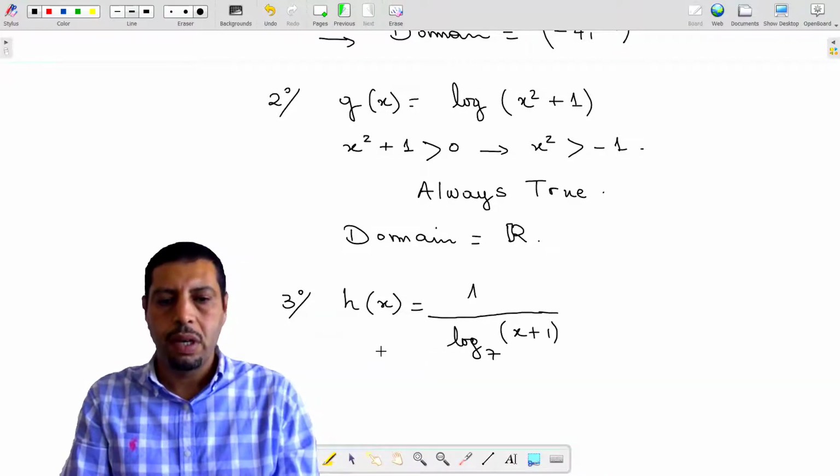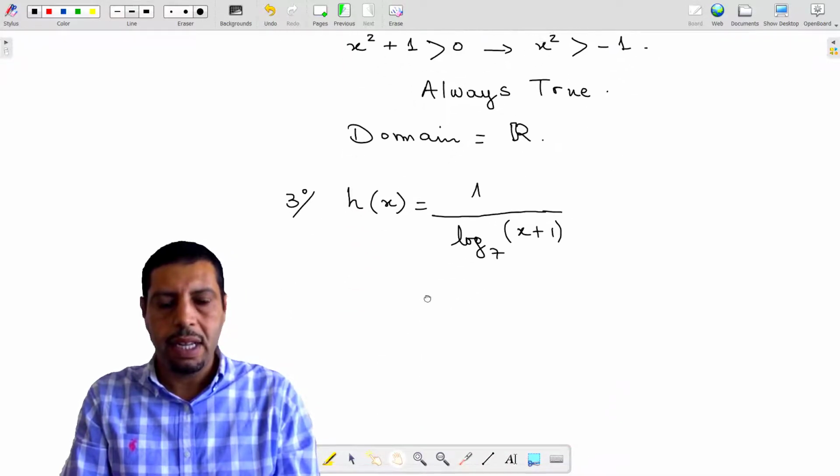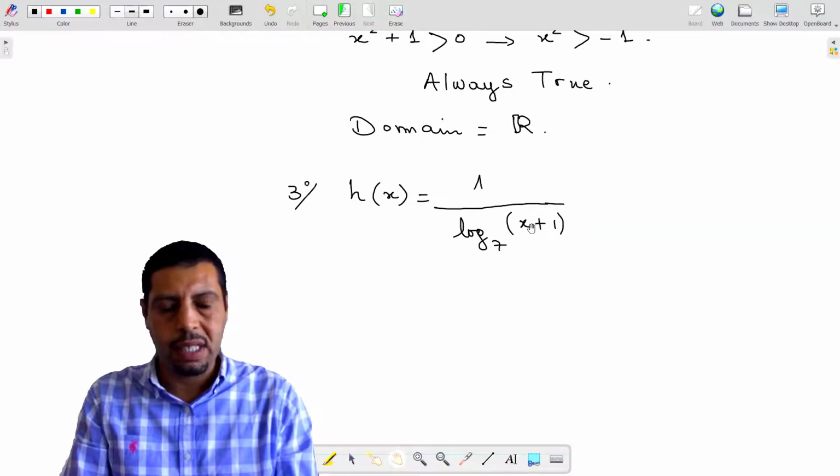Here we have two conditions to check. The first one is the log domain. It means what's between the brackets of the log is greater than 0. The second condition you have to check is that the denominator here is not equal to 0.